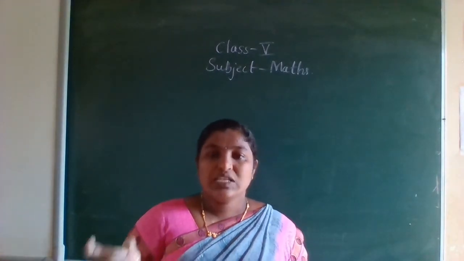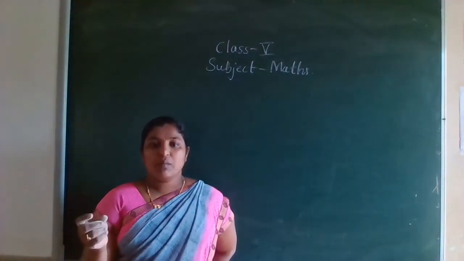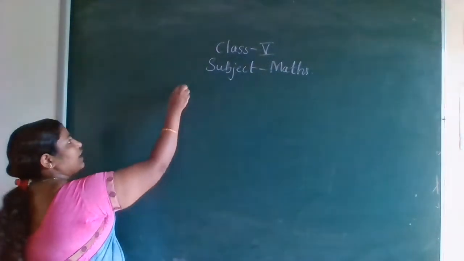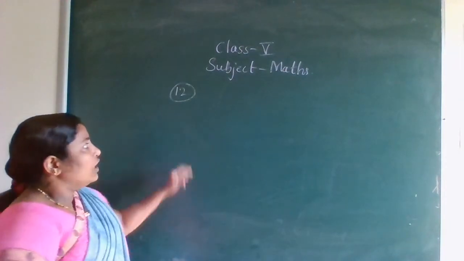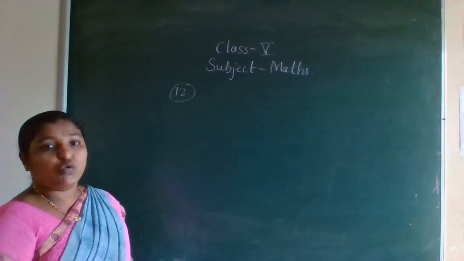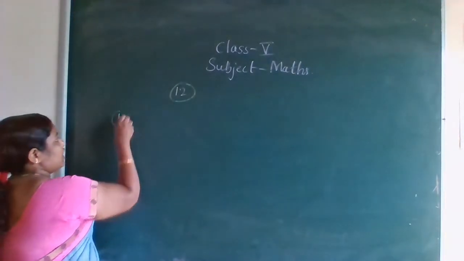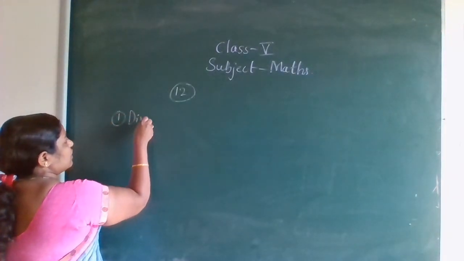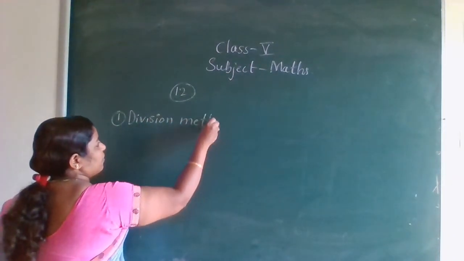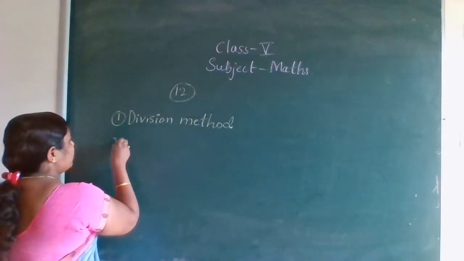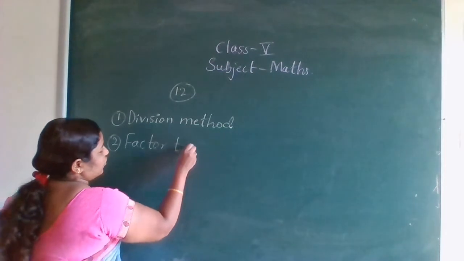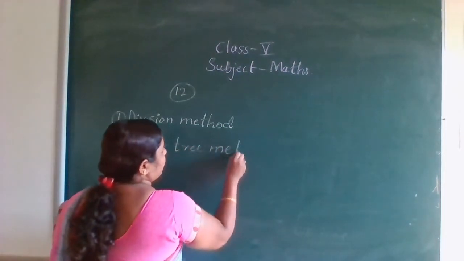In a number, we should identify the prime factors. Suppose I take 12, write the prime factors of this given number. How to do it? By two methods. One is the division method. The second one is the factor tree method.